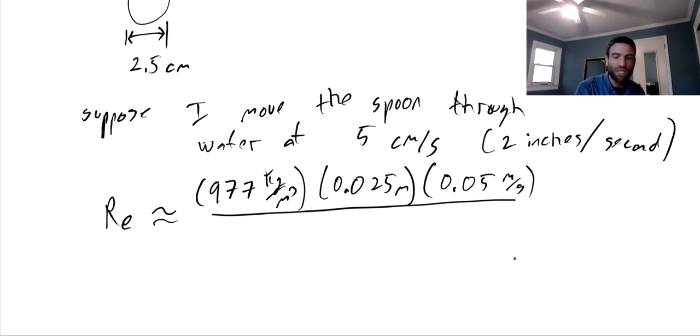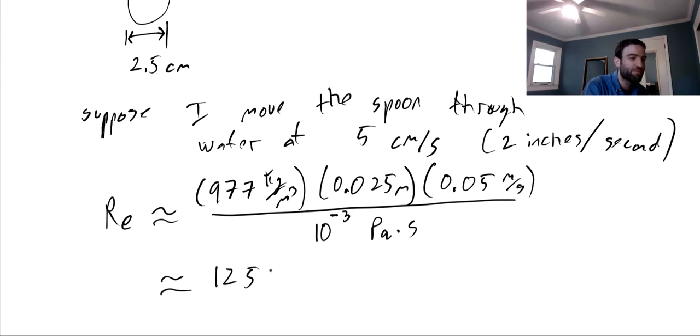And then what's the viscosity of water? Back in, I think, section 7.1, we quoted some numbers just to give us a sense of scale. Water at room temperature is maybe about 10 to the minus 3 Pascal seconds. And so the Reynolds number of moving a spoon slowly through water is about 1250 with these numbers that I've picked.